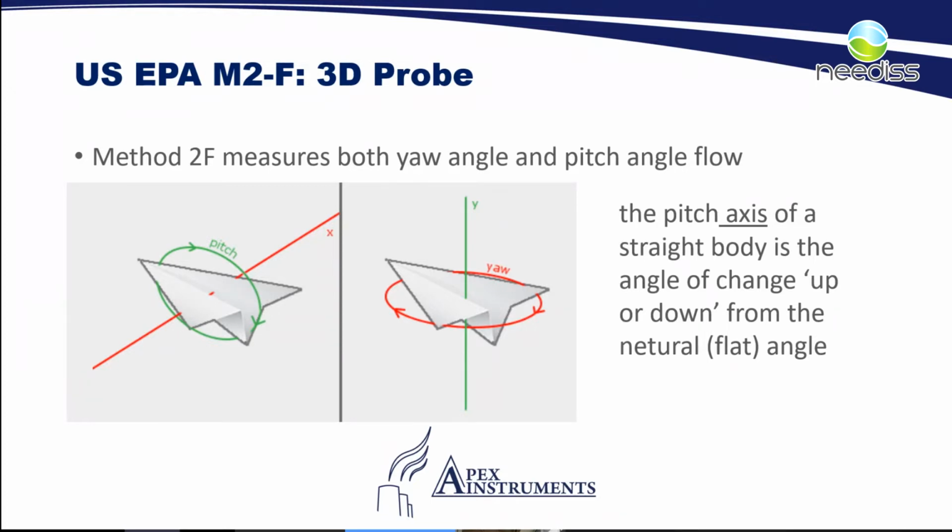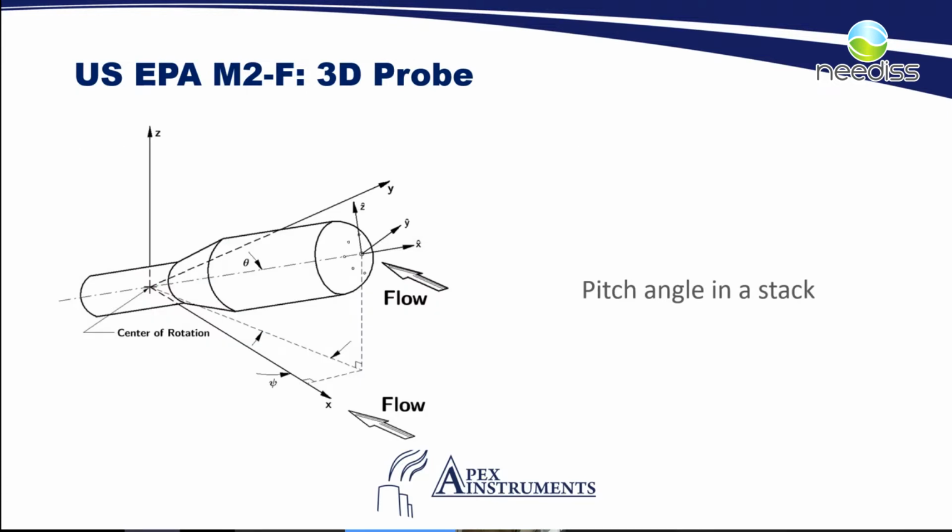And in this situation, you can see here, if this was our probe here, our y-axis and our x-axis would be the top and bottom. Disregard the flow here. I'm trying to show you that you could measure flow coming in at this angle or down at this angle inside of a stack, and that would be our pitch angle.